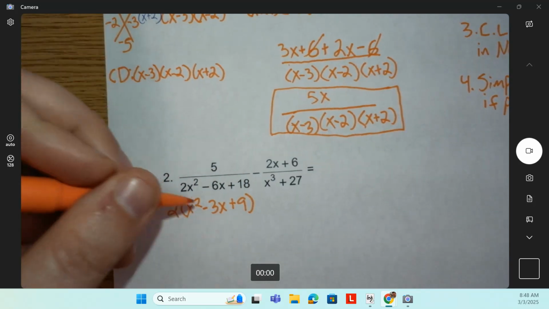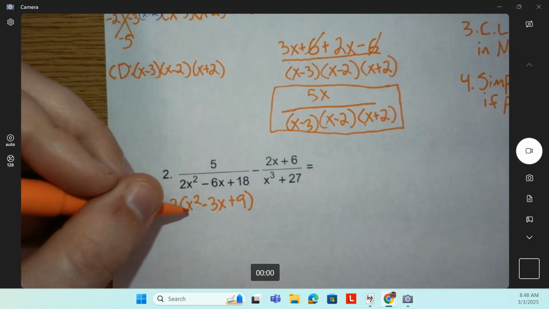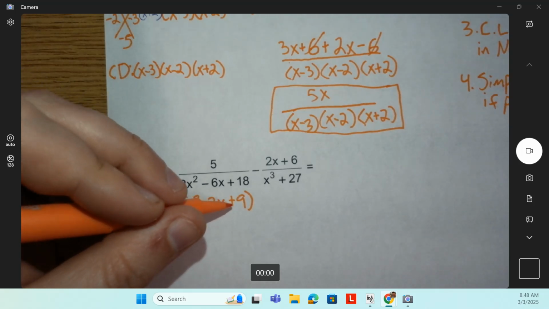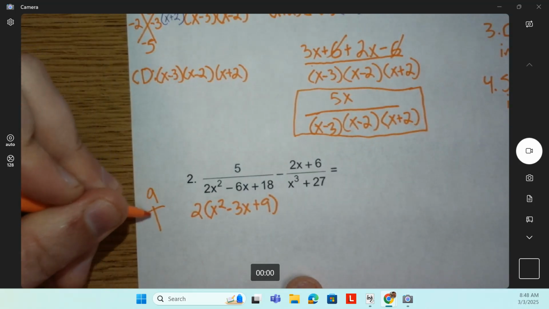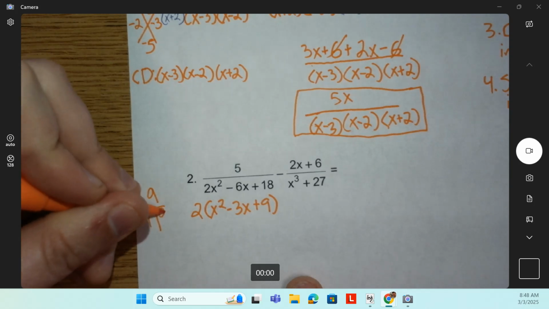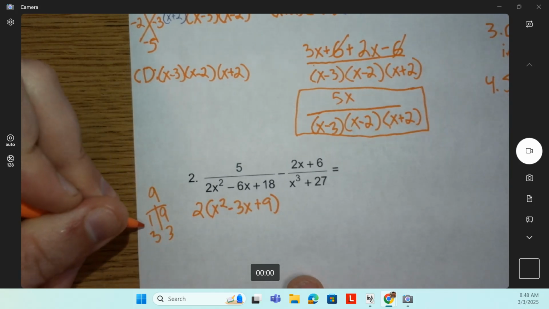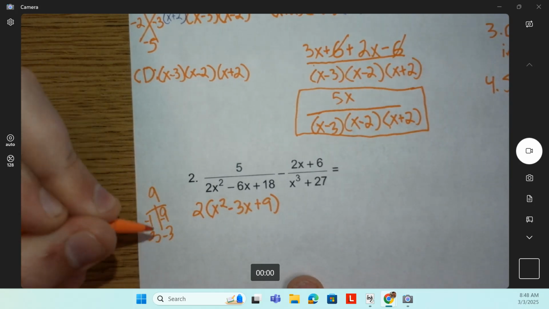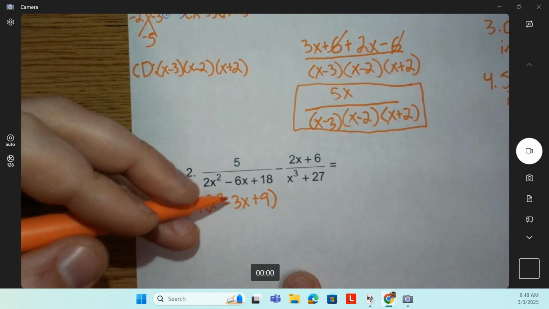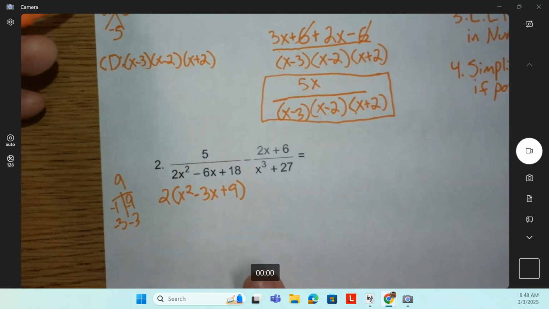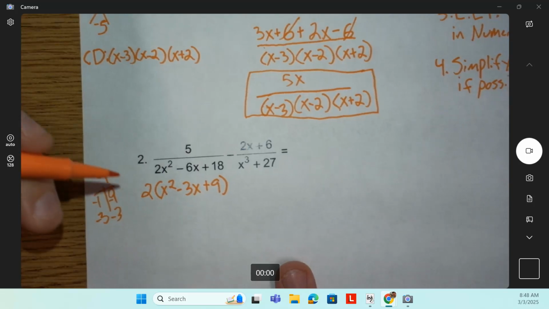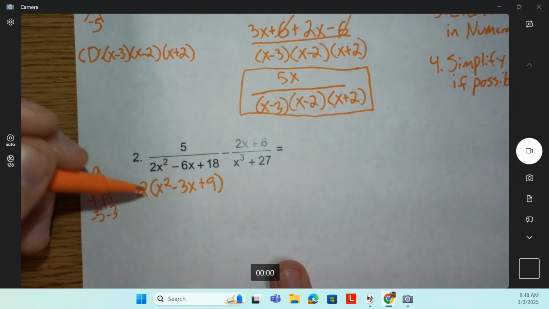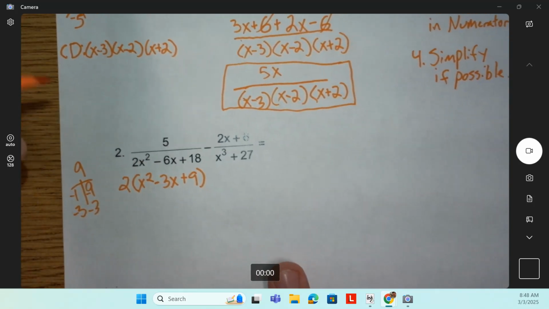On that, I don't think this is going to factor simply. My factors of 9 are going to be either 1 and 9 or 3 and 3. They'd all have to be negative, and none of those are going to get me to a negative 3. So we're looking at a fraction or a decimal for my 2 factors, and for right now, I'm just going to leave that as is.